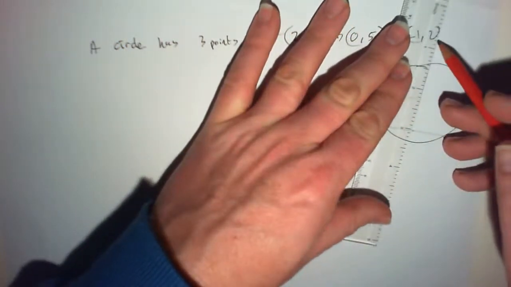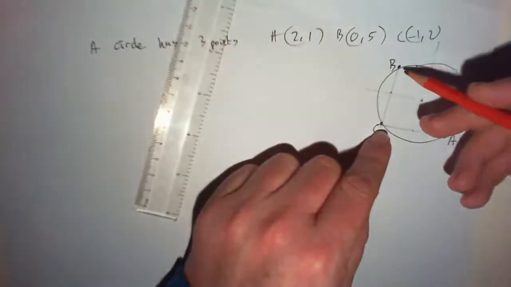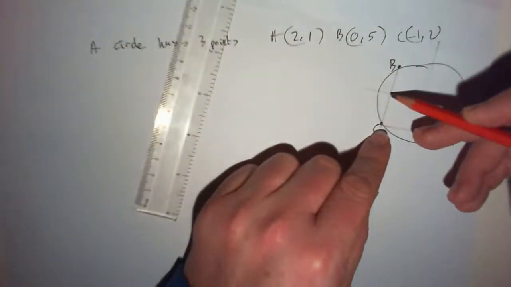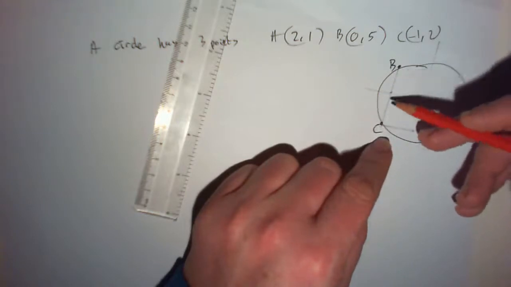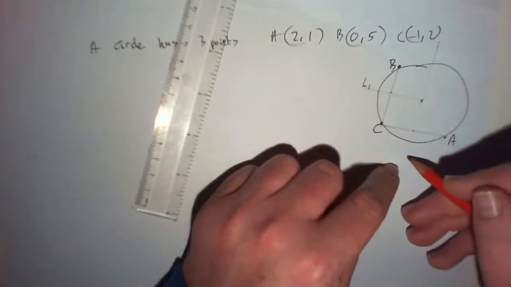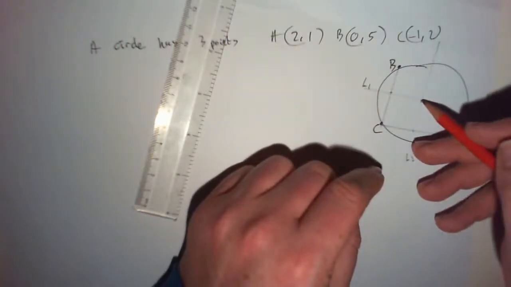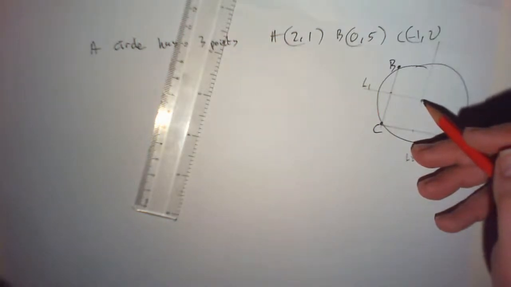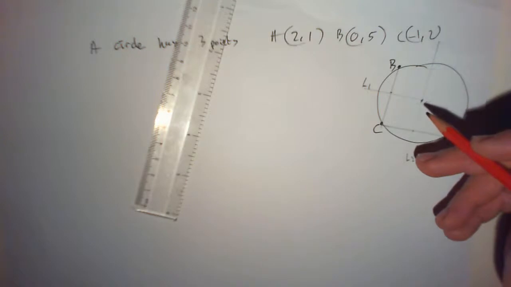So there are a couple of different things that are going to come into play here. First of all, finding the slopes and finding the midpoints will give me a point and the inverse slope that I need for my y1 to get this equation. Let's call this L1. It's the same thing here to get L2. The simultaneous in L1 and L2 will give me the center. And then the question becomes, how do I find the radius?